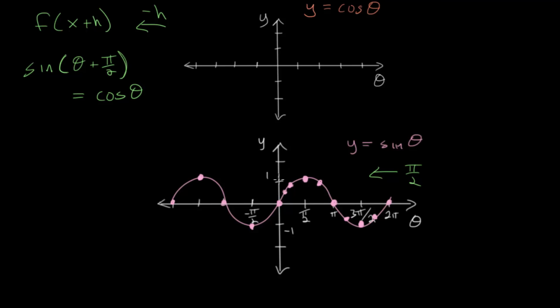And if we shift everything to the left, you can see these points all just move left pi over 2 radians, and we get the exact same curve, which I will draw in very roughly here. It's the same shape, though admittedly this is not drawn that great, but it is shifted left pi over 2 radians.